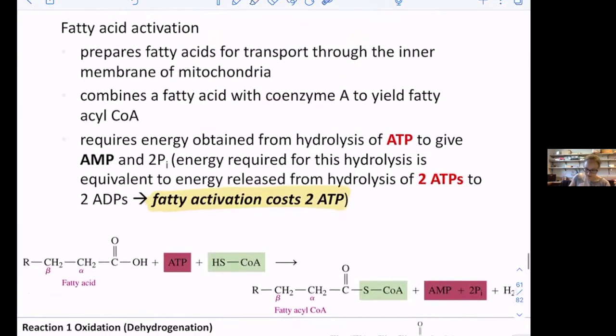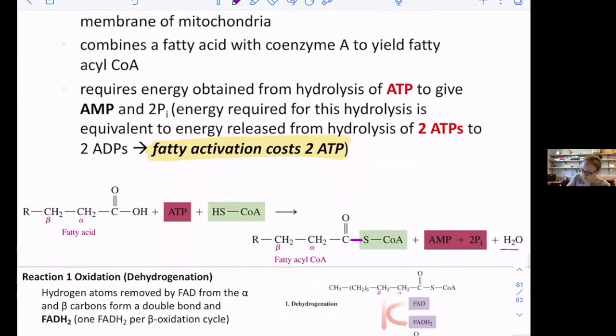So really what this looks like is we have our fatty acid, however long it's going to be, we put in ATP and a CoA enzyme, and we're going to make this bond here. We're removing one of those oxygens, so that's where we get water on the end here.